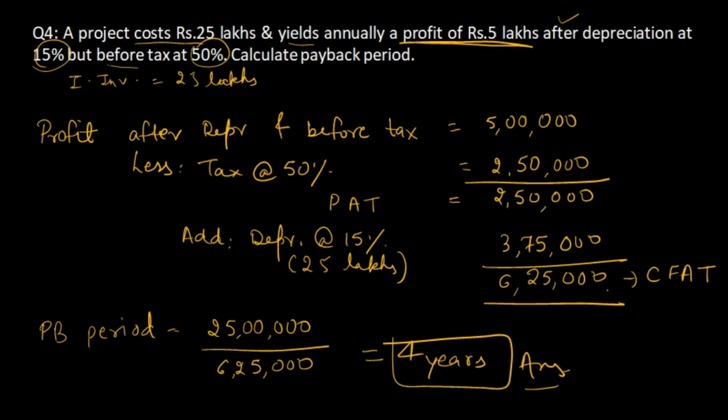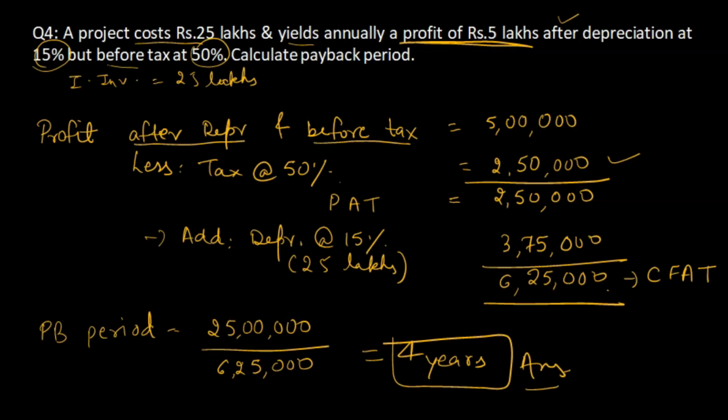I hope this calculation is clear to you. They have given profit after depreciation and before tax. Just remember, from the profit we have to deduct two things, depreciation and tax. Depreciation is already deducted, just tax we have to deduct here. Tax 50% we have deducted, so we got profit after tax. Then CFAT is profit after tax plus depreciation.